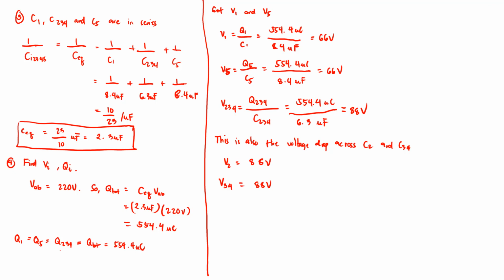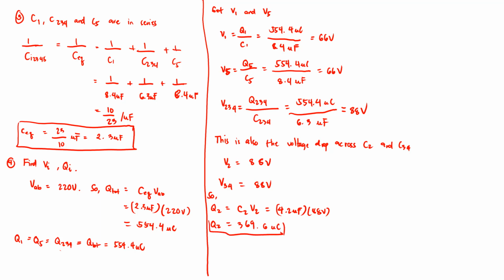Now that we have obtained V2, we can get Q. So Q2 is equal to C2 multiplied by V2. Your C2 is equal to 4.2 microfarad, and your V2 is equal to 88 volts. Therefore, your Q2 is equal to 369.6 microcoulomb.